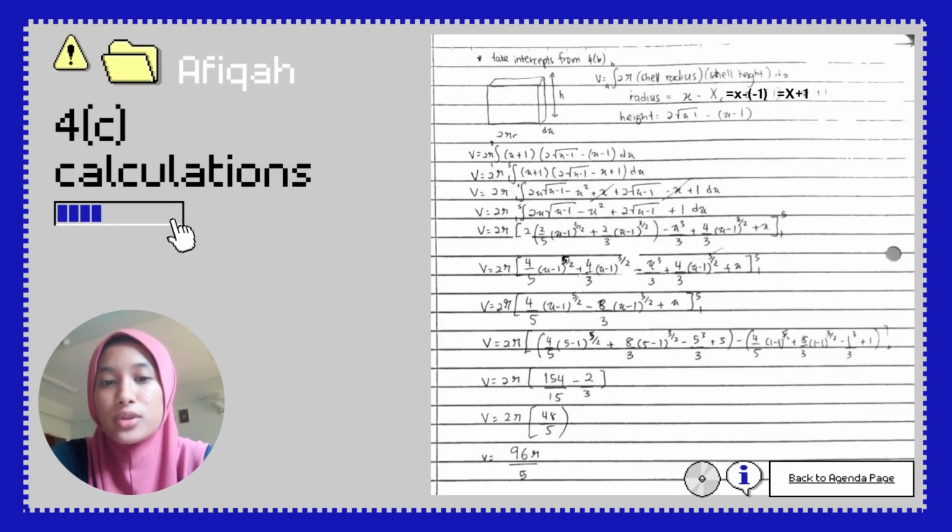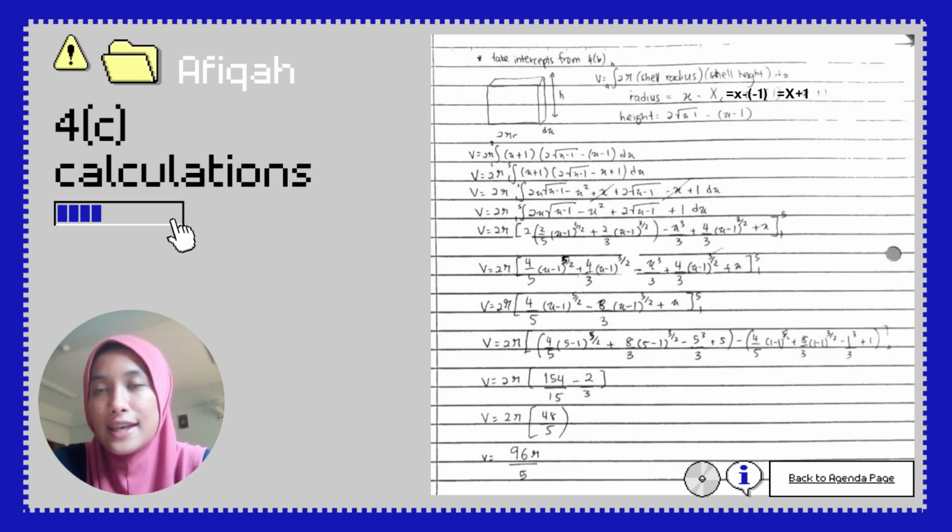Based on the diagram above, we can find the volume of the solid using the shell method. The formula is V equals the integral from a to b of 2 pi times shell radius times shell height dx. For the radius, we're using x minus xc, so the radius is x minus negative 1, which is x plus 1, and the height is 2 square root x minus 1 minus (x minus 1).